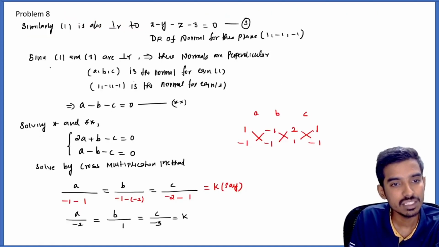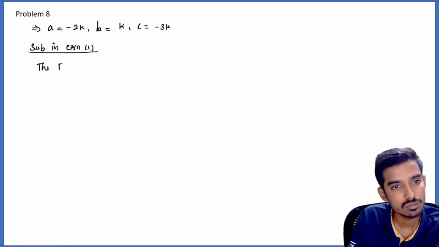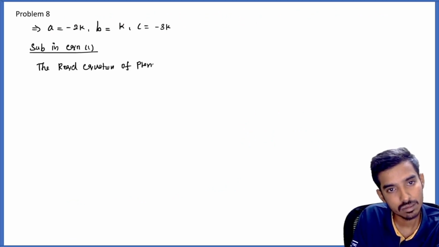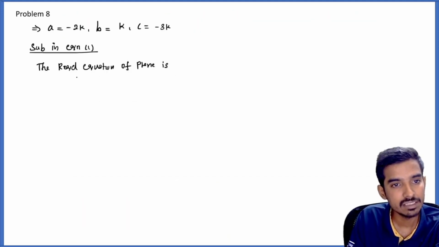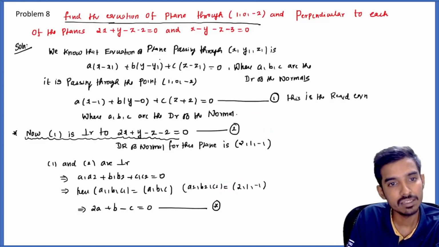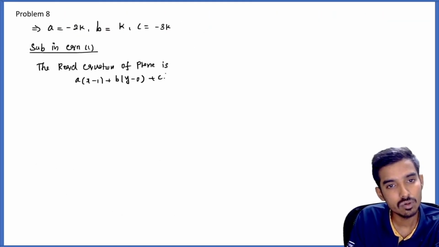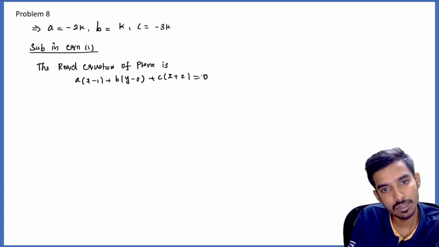So the required equation of plane is A into x minus 1, plus B into y minus 0, plus C into z plus 2 is equal to 0.